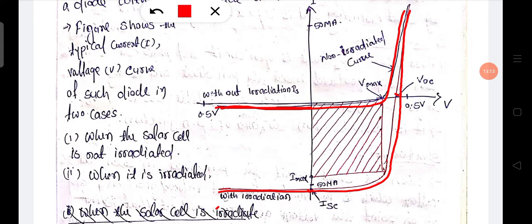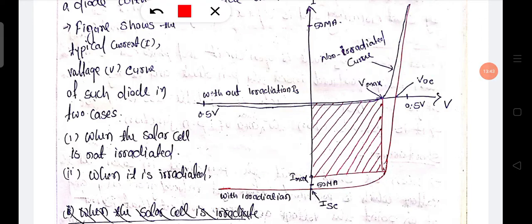You see this and this are similar, but this is shifted downward from this, because the photodiode is reverse biased.